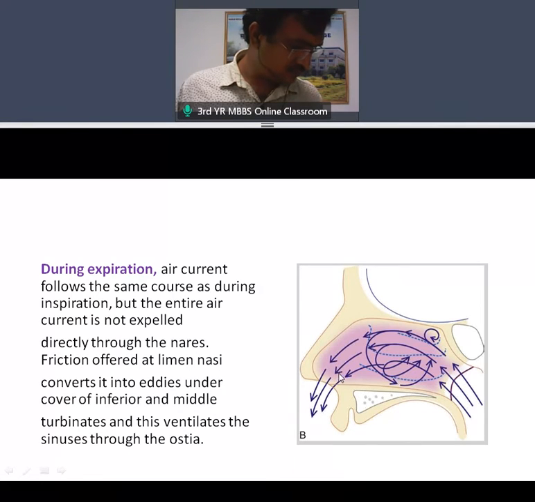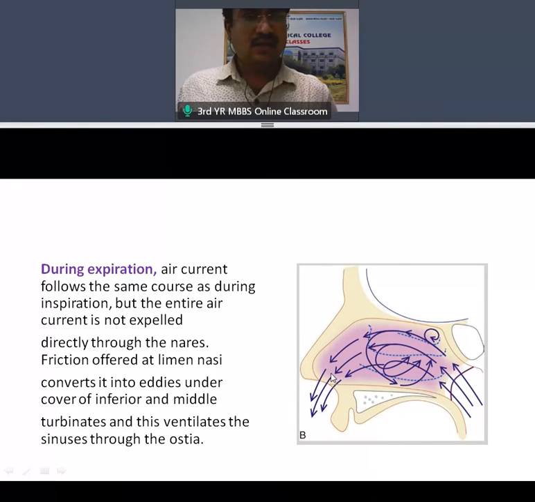Directly through the nares, friction is offered at the limen nasi. The limen nasi is nothing but a projection formed inside the nasal cavity by the lower border of the upper lateral cartilage.